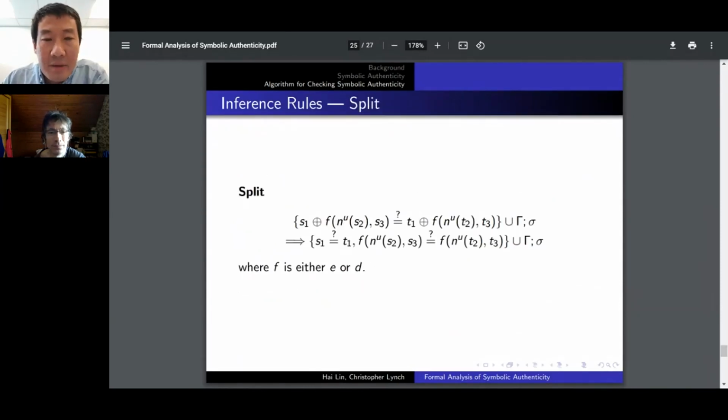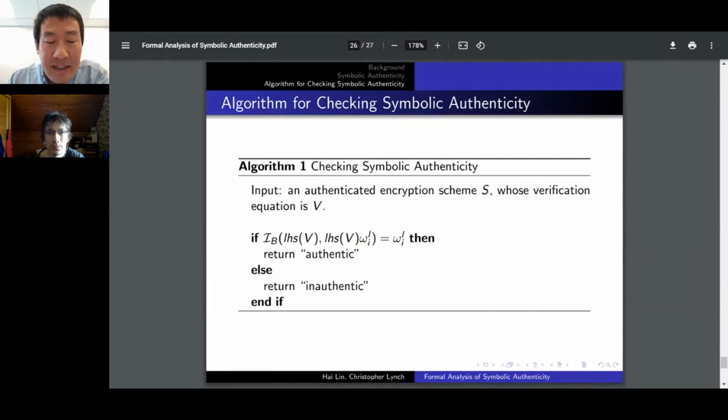This is the split rule that allows us to proceed if we get stuck and can't get a computable substitution. So those are all the rules, and in the algorithm we just solve a unification problem, and we check if we can only get the trivial solution. If so, then authenticity is satisfied. Otherwise, authenticity is not satisfied.